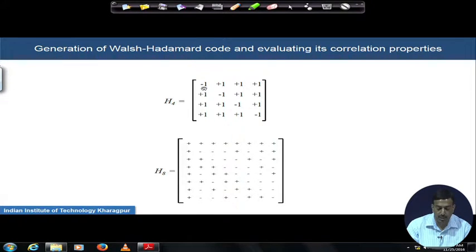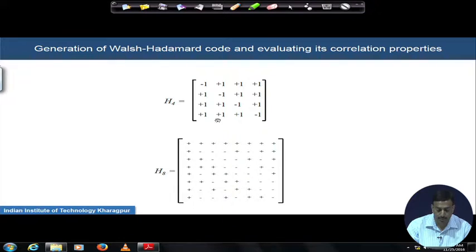So it is quite apparent that for 0 lag, we will get an autocorrelation value equal to the length of the code. For example, in this case the length of the code is 4, so autocorrelation at 0 will be equal to 4, and in this case at 0 it will be equal to 8. Now as we shift the signal, we will start getting certain values of autocorrelation, and that is what we intend to plot and analyze.